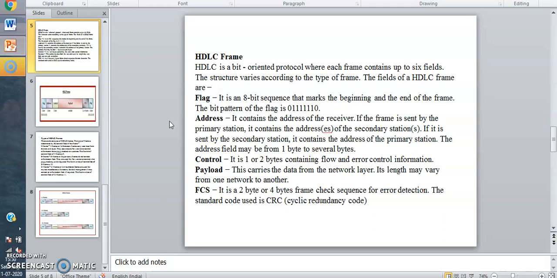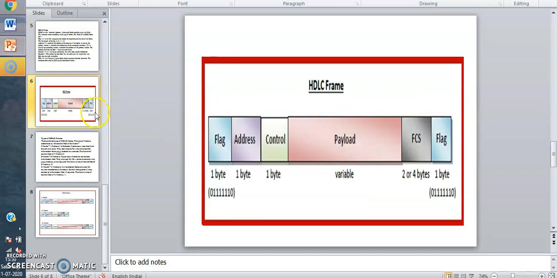All transmissions are in the form of frames only. The structure varies according to the type of frame. The fields of the HDLC frame are flag, address, control, payload and FCS. See, flag, address, control, payload, FCS.